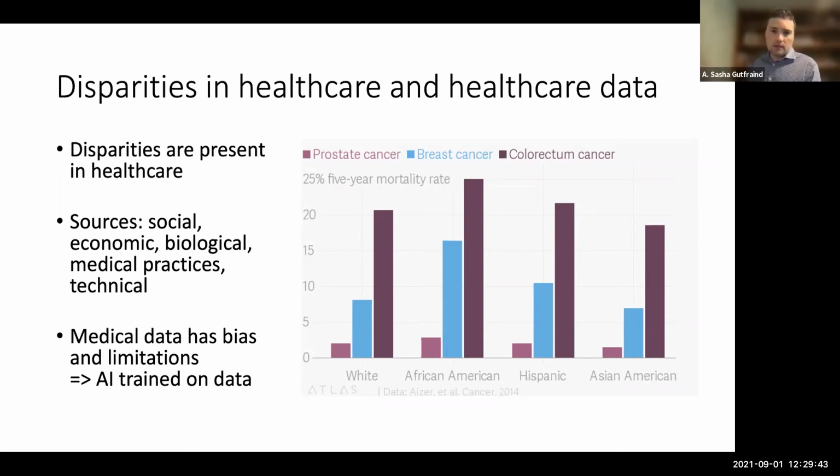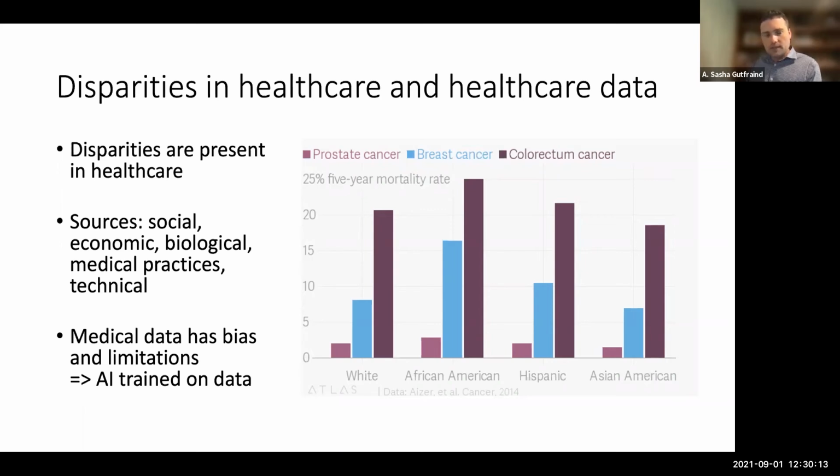If you just look at the blue bars, you will see that for a variety of reasons, African Americans have double the mortality rate for cancer of whites. For Hispanics, it's a little higher than whites, and Asian Americans seem a little lower than whites. That is the data.